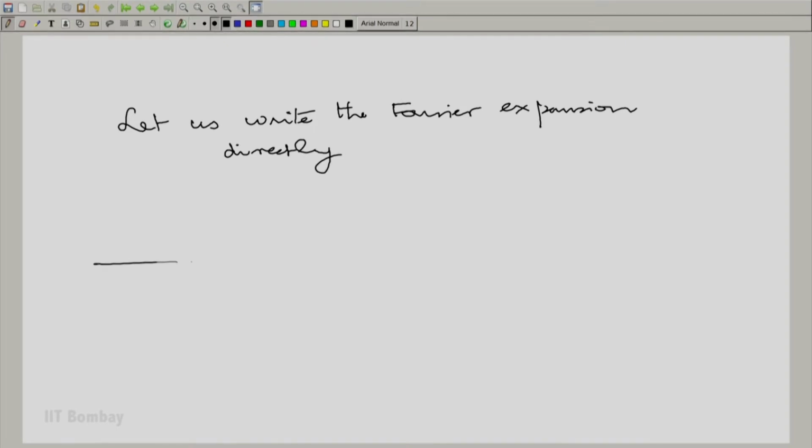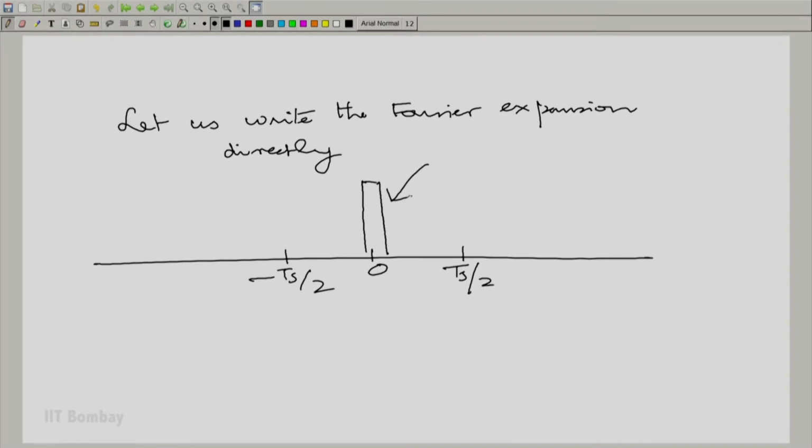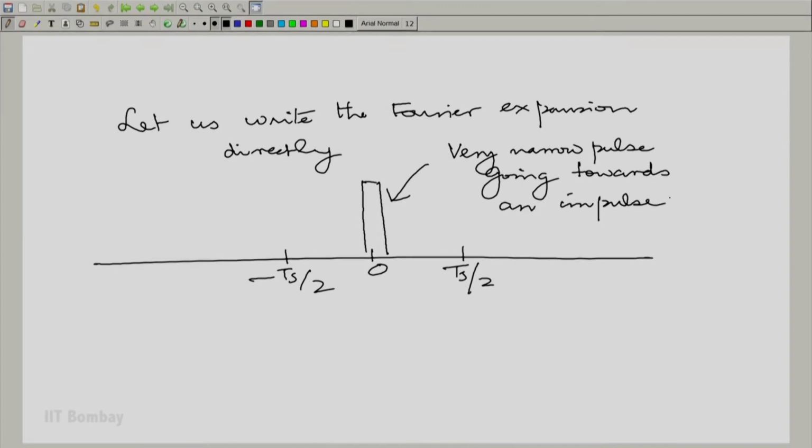So, let us isolate one period around 0, and of course, you have this very narrow pulse which has gone to an impulse. Let us recognize it as an impulse and let us operate it like an impulse. And I do agree that when writing the Fourier expansion, we are in some sense now writing a Fourier expansion involving generalized functions.